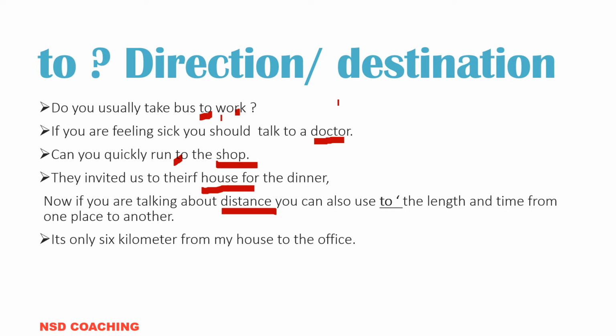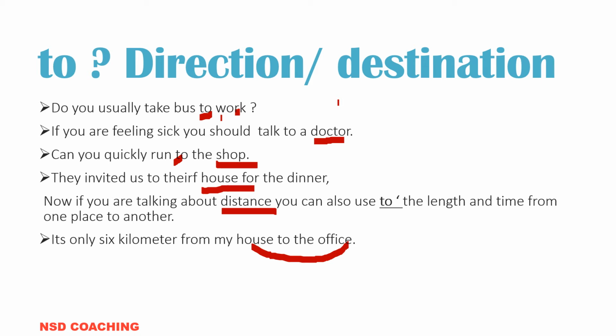What distance are they saying? The distance is 6 kilometers from where? It's talking about from my house. This is from my house to office. This "to" is used from one place to another place, giving you the distance and the length.